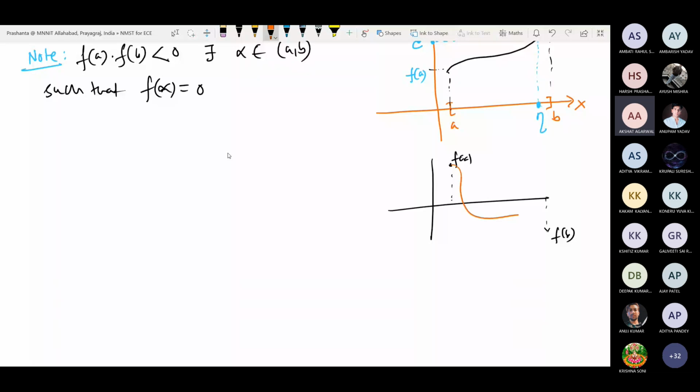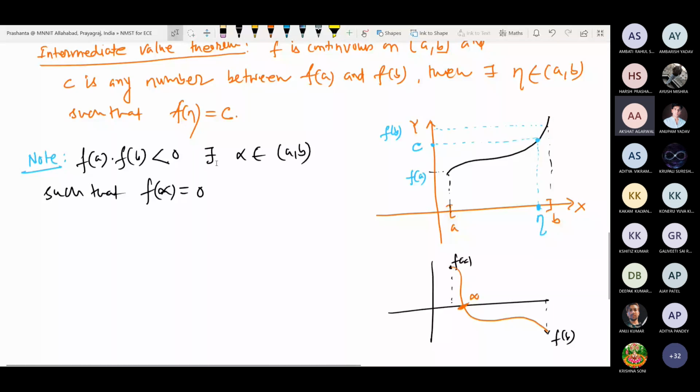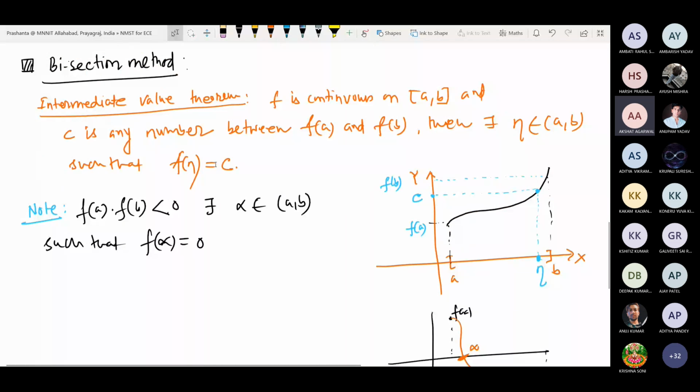Whenever it is intersecting x-axis, that is a root. So this is a simple observation. So we will be using this property of continuous functions. Remember, the methods which we are going to learn are only for continuous functions.